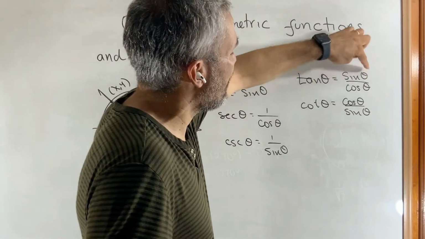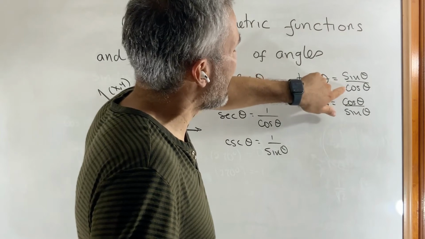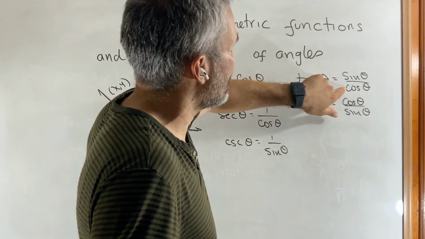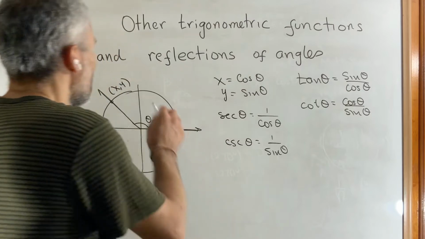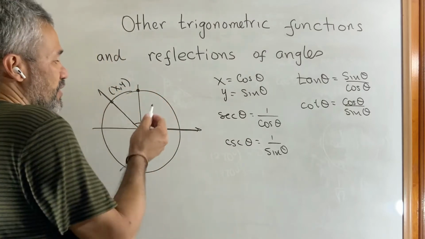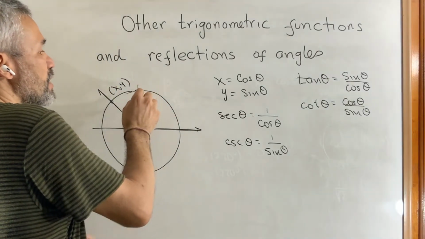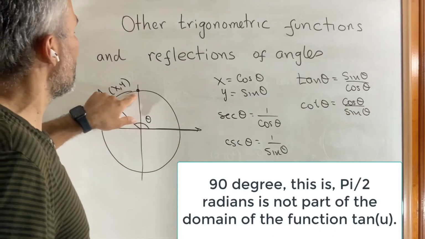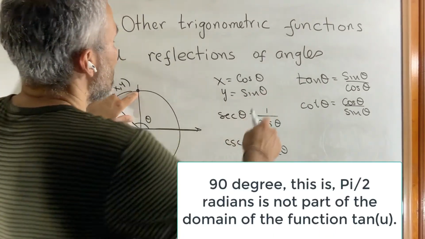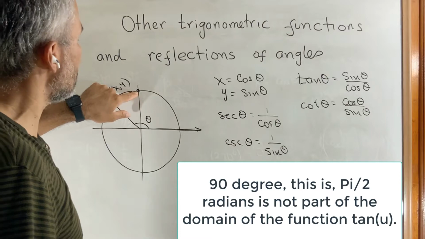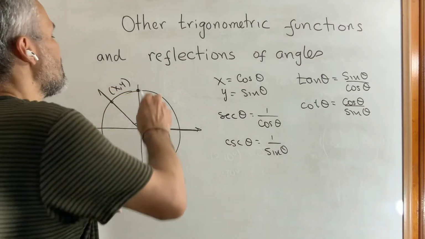It is any angle as long as the angle doesn't make cosine of theta equal 0. For example, 90 degrees, if we are talking about degrees, or pi over 2, is not part of the domain of tangent of theta, because cosine of 90 degrees is 0.